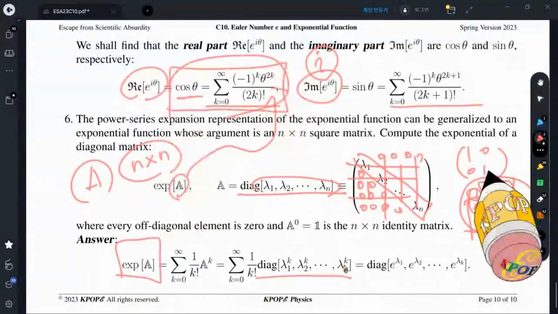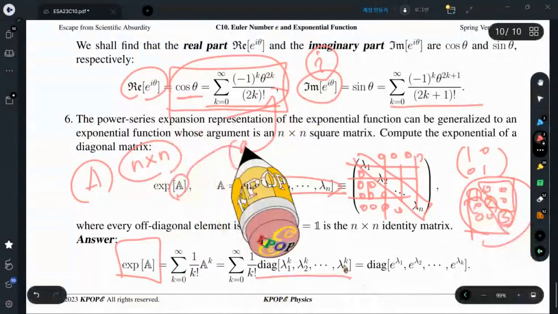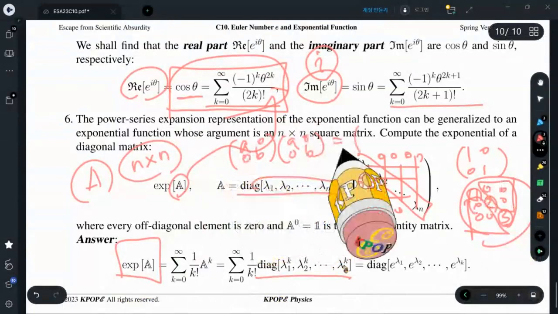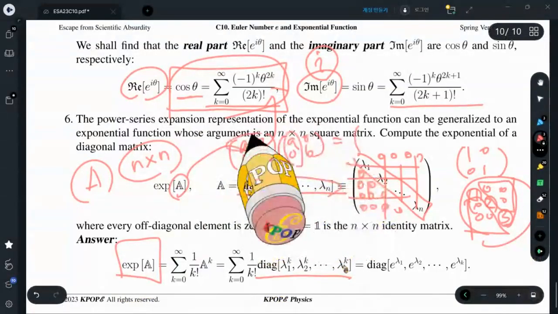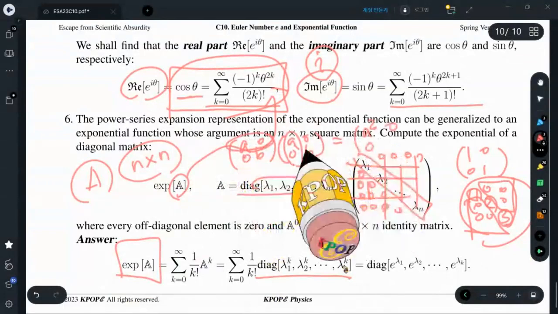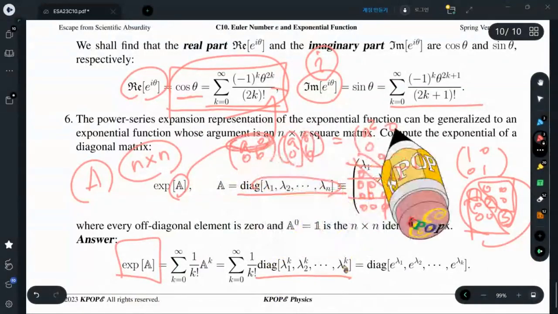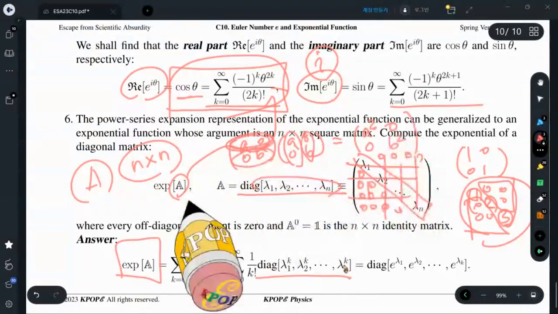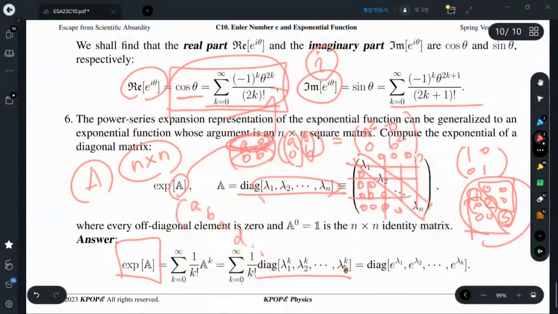Did you notice that? Multiplying this diagonal matrix by itself, the result is trivial. If I multiply this, A squared, then 0, 0, and B squared. Aha! A, B, C, D, E, F, G to the nth power is A to the n, B to the n, C to the n, and so on.